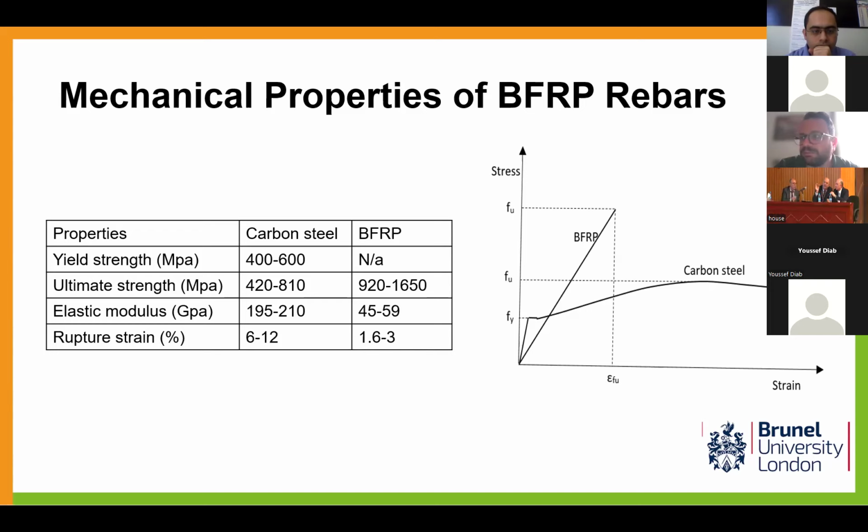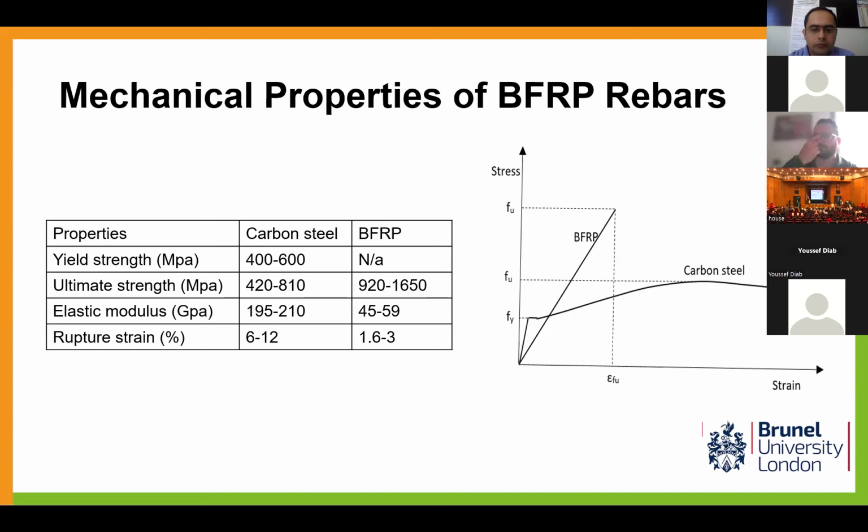Yes. Dr. Shammas, most colleagues here are asking because most design codes in seismic areas require plastic energy dissipation. This will require a yielding plateau in the curve.